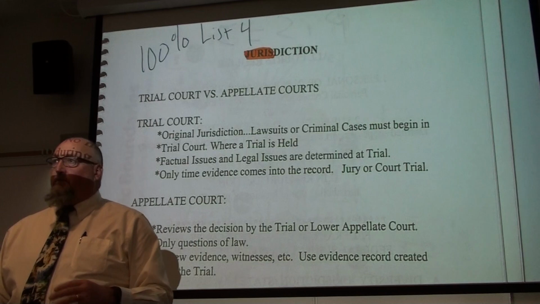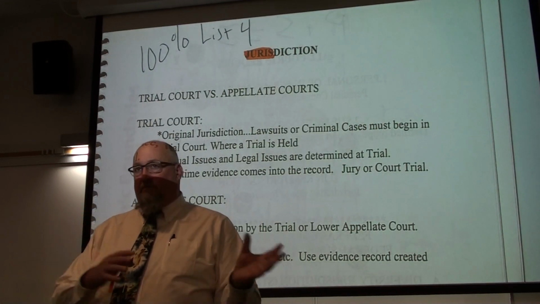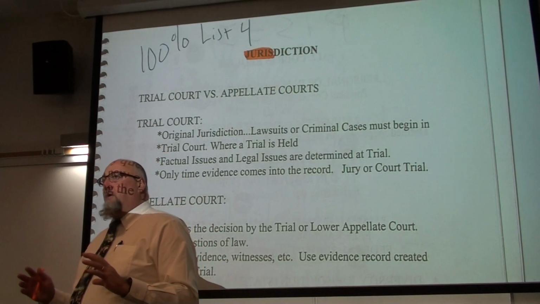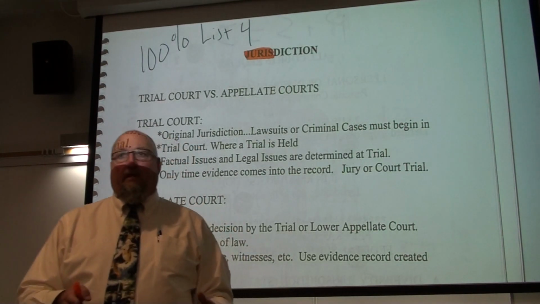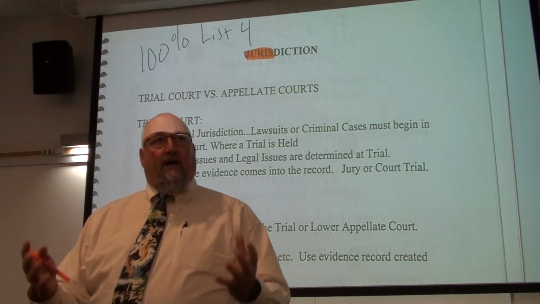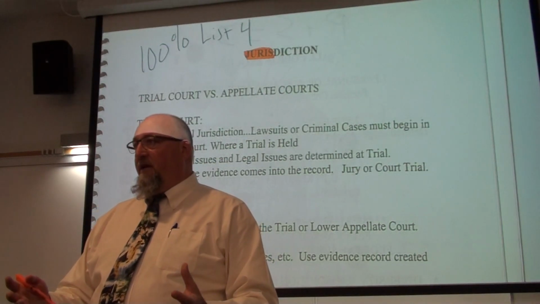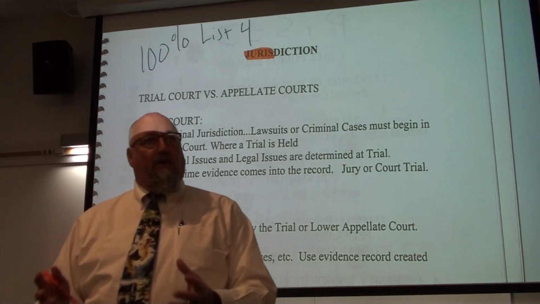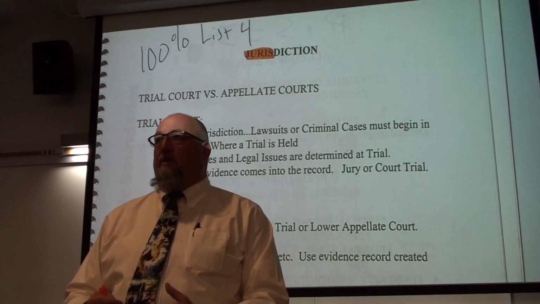So jurisdiction refers to the authority of all 3 branches of government to engage in that area. For example, at the federal level, in the legislative branch, in what areas can the federal government legislate? What areas can it not legislate? Some areas are reserved to the states under the 10th Amendment.